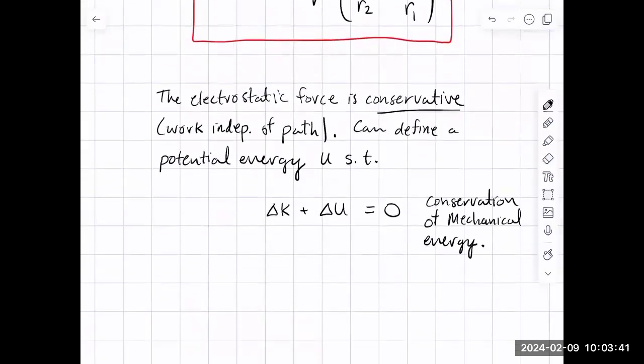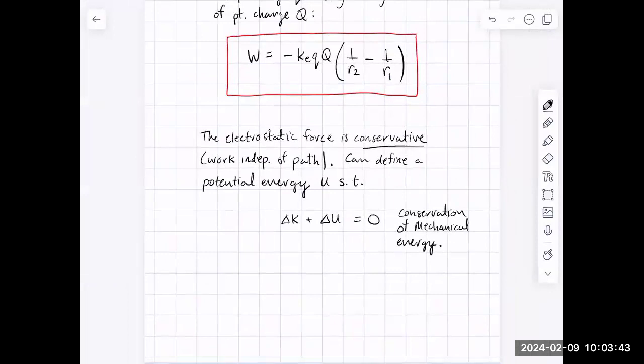We're going to say, all right, so we know that the change in potential plus the change in kinetic energy is going to be equal to 0. But the change in kinetic energy is just equal to the work.